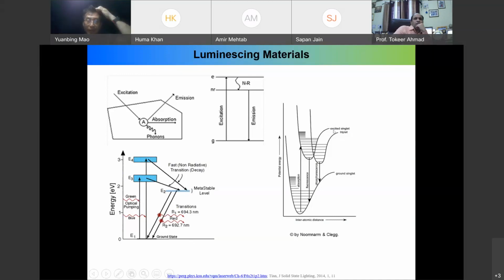If there is a phosphorescence process, then the excited electrons will transfer to the triplet level. So that's why from here you see the fluorescence, and then this is the phosphorescence. So this is the distance between these two lines.